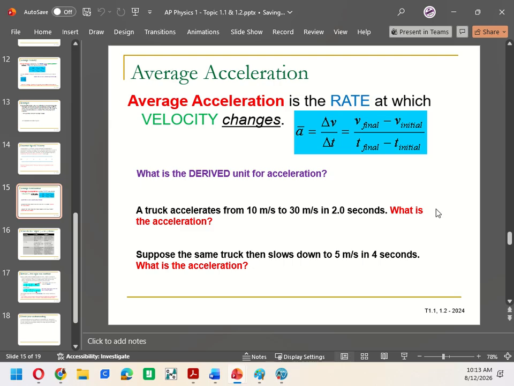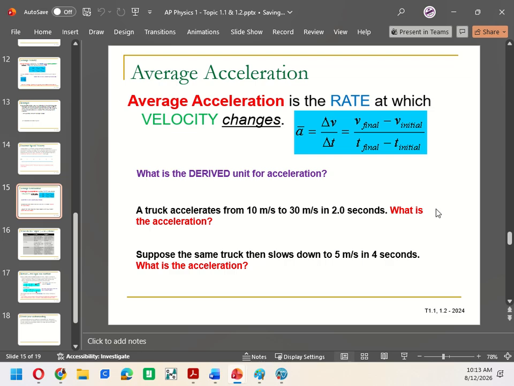This one isn't like the coordinates where it says final and initial. It just says in between these 2 points, it takes 2 seconds. So delta t means your change in time. It says our change in time is t. So my delta t is just 2. So that's going to give me 20 over 2, which is 10.